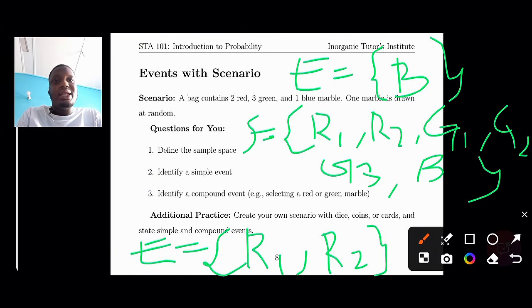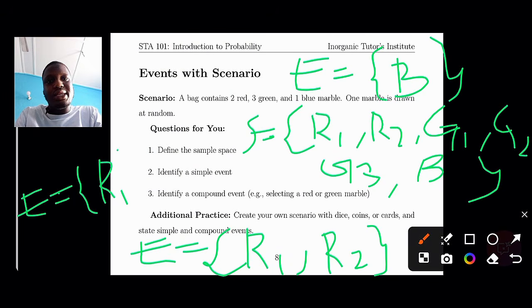If you want to make it a simple event, you say the event of selecting the first red ball. That one reduces it to a simple event because you specify that you want the first red ball and not the second.